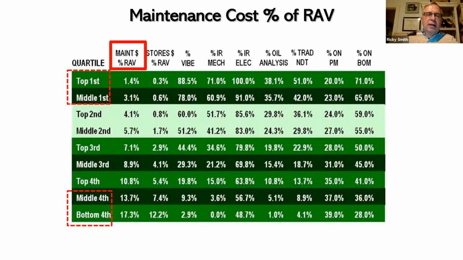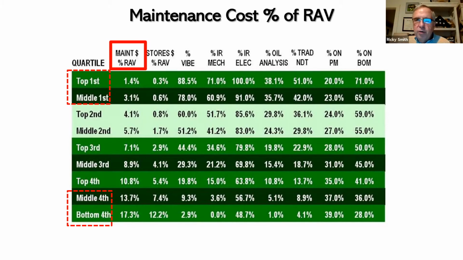So if we look at this chart, this gives you not just the maintenance cost, but we can look across at stores replacement asset value. This comes from Allied Reliability. Stores is a percentage of replacement asset value, what percentage of assets are typically on vibration routes, percentage of IR mechanical, percentage of IR electrical, percentage of oil analysis, and so on.